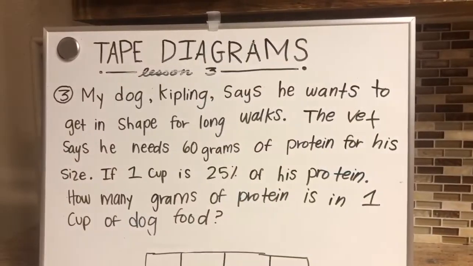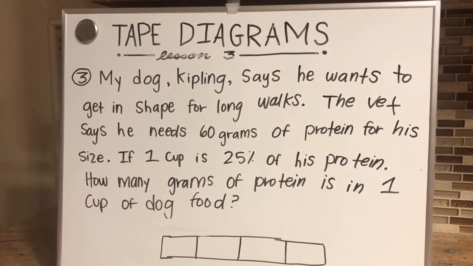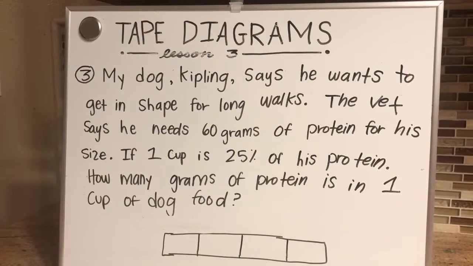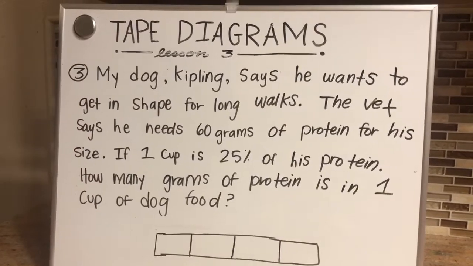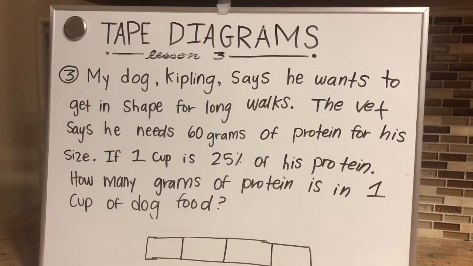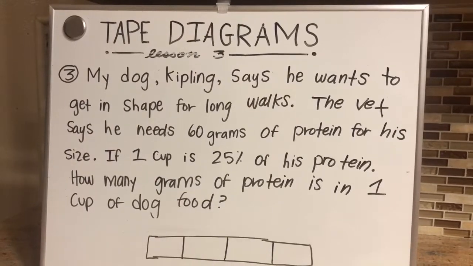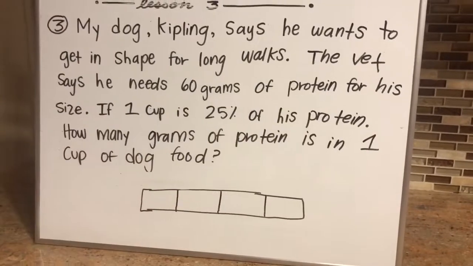All right, so number 3 says, my dog Kipling says he wants to get in shape for long walks. The vet says he needs 60 grams of protein for his size. If 1 cup is 25% of his protein, how many grams of protein are in 1 cup of dog food? Okay? So I already drew out the tape diagram for us.